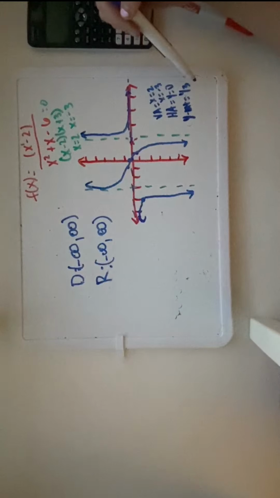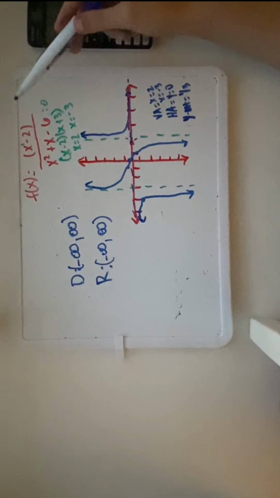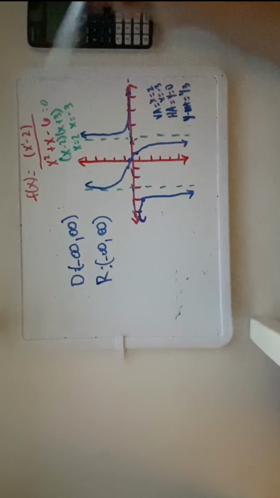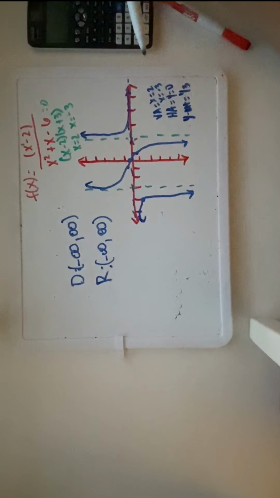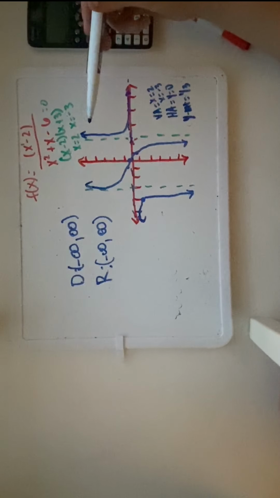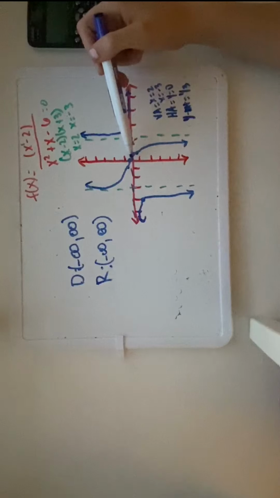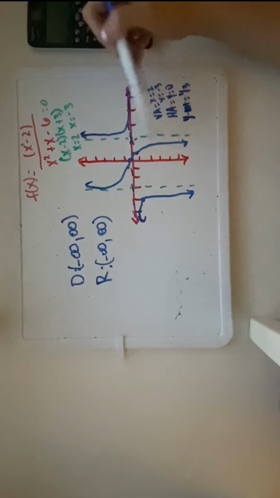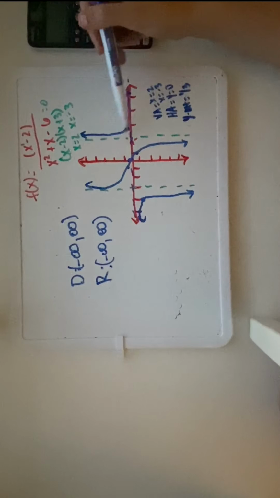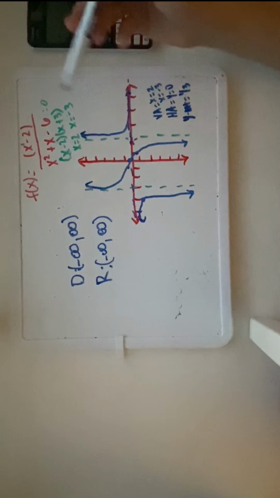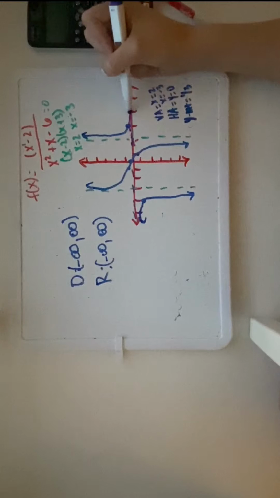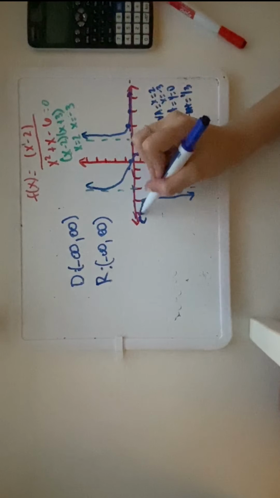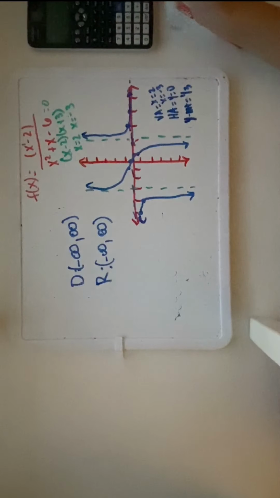We found our y-intercept by plugging in 0 for x, which gave us 1/3. So there we were able to plug in our y-intercept right here. This line went like this after plugging in a few points. This line went like this after plugging in 2 points. It's kind of hard to see this one. And then this line went like this after plugging in 2 points.